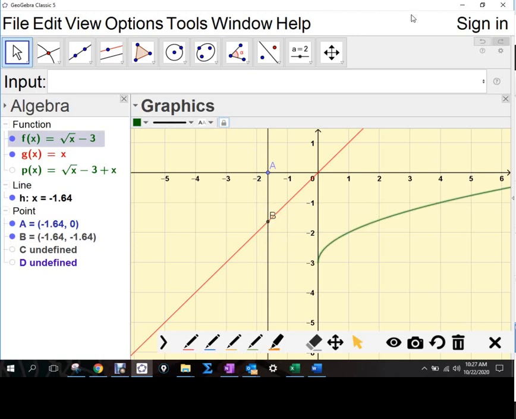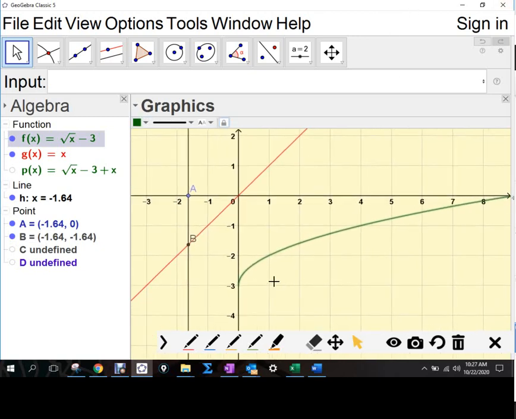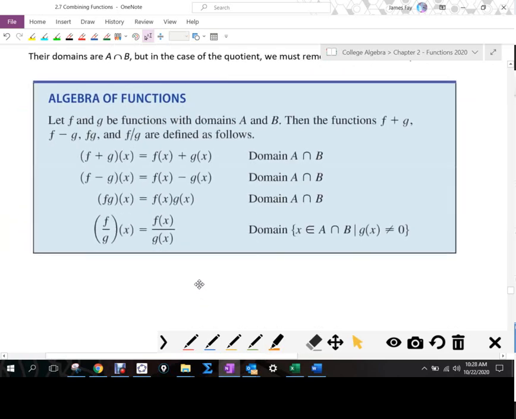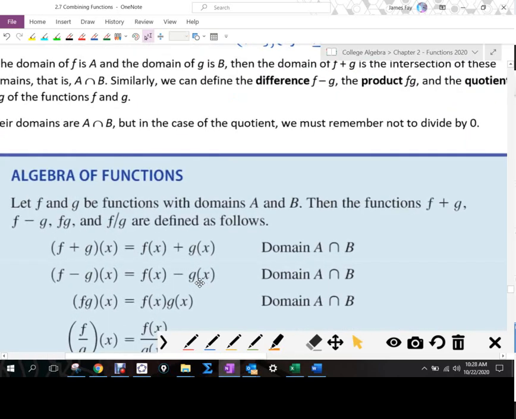That's why the domain for this overall function is going to be the domain of how these two overlap, how they intersect. So that's what the next portion of our notes here discuss, okay?